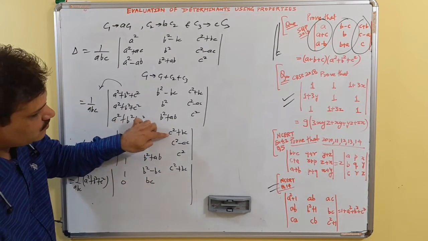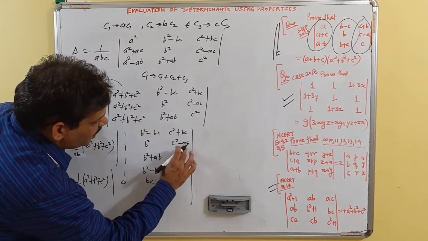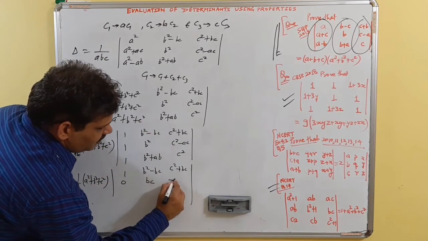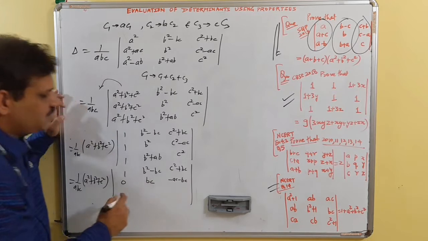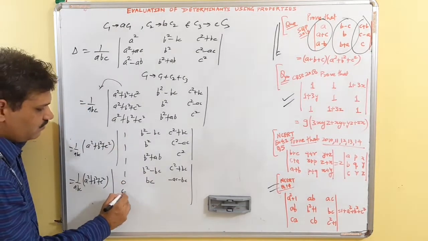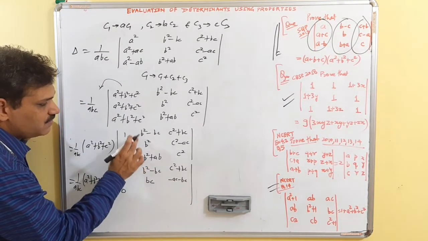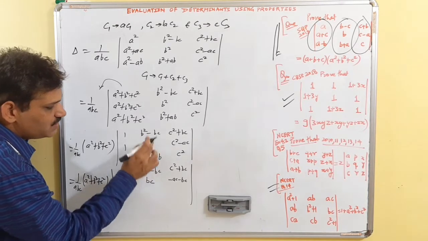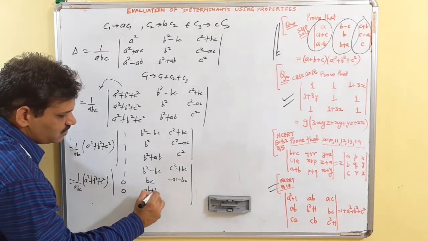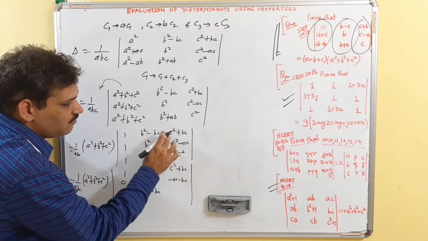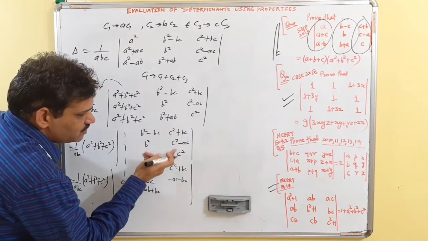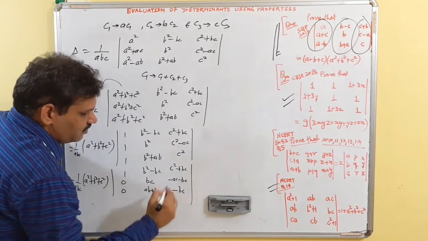And this minus this, C square will be cancelled out. This is minus AC minus BC. Again 1 minus 1 will give me 0. B square plus AB minus B square, B square will be cancelled out. AB plus BC, AB plus BC. Here C square will be cancelled out. When we subtract, we get minus AC minus BC.